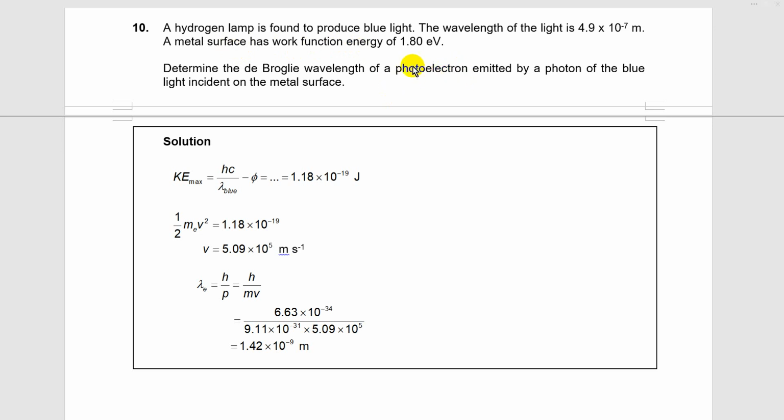Photoelectron just refers to electron. So when the electron is emitted from the surface, the electron has some kinetic energy and is moving, but we know that a moving electron will behave like a wave. And here they want us to find the corresponding wavelength of this wave, of the electrons that are emitted from the metal surface by the photon. So that's what they want us to find.